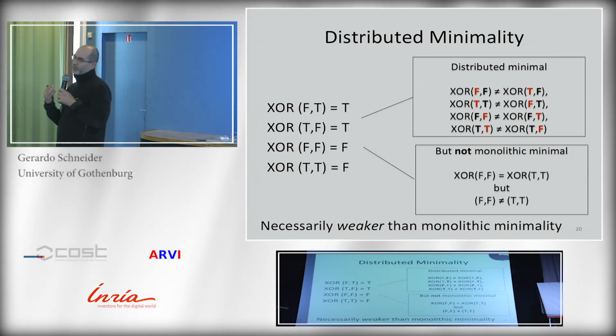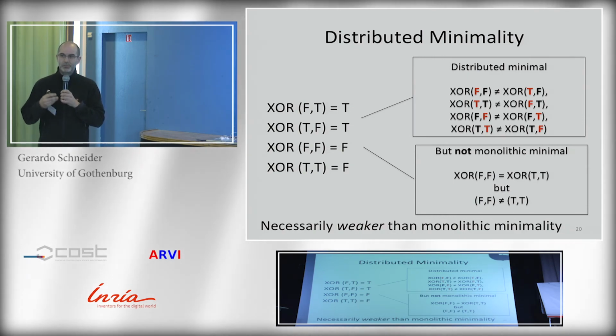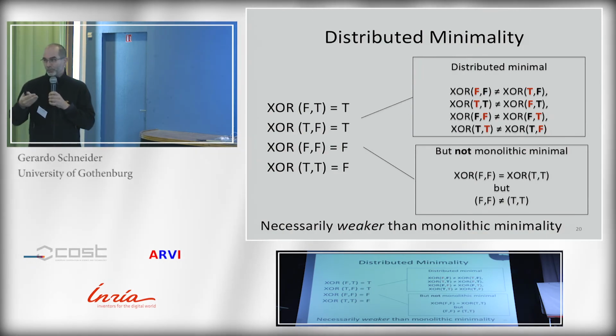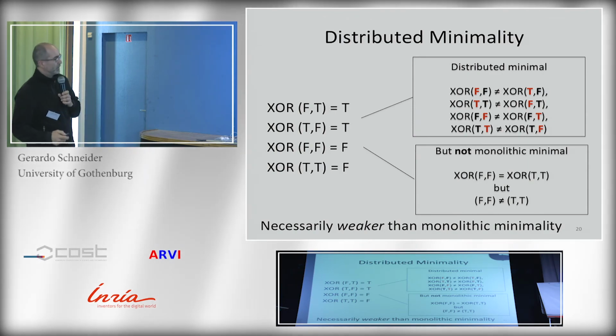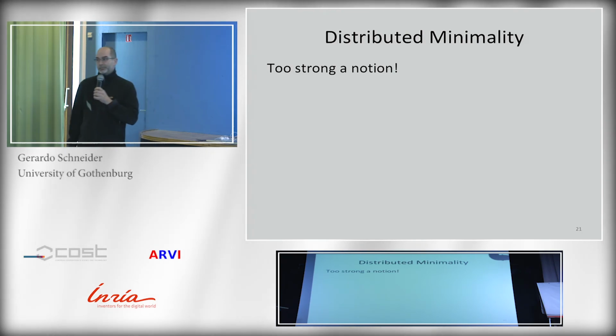So we found that if we try to generalize this concept of monolithic minimality to the distributed case, we cannot in general, because we would exclude programs like this, and that doesn't make sense. That's why we came up with a weaker notion. That is the definition that I gave. But still it's too strong.